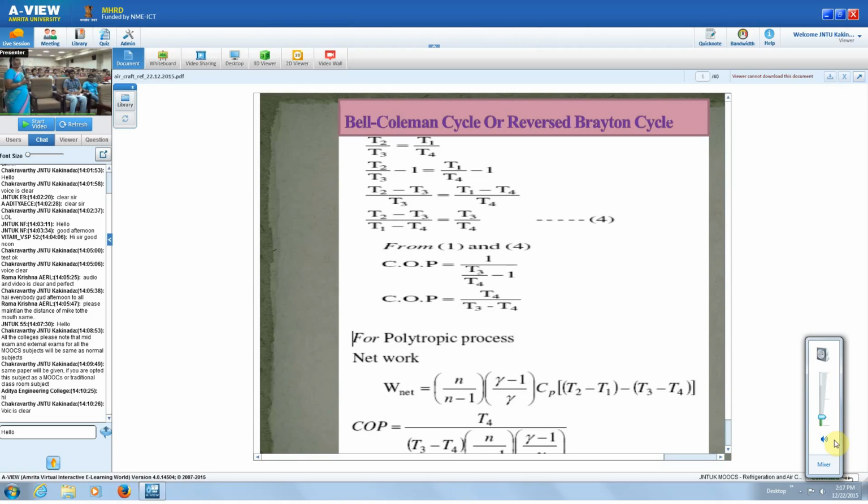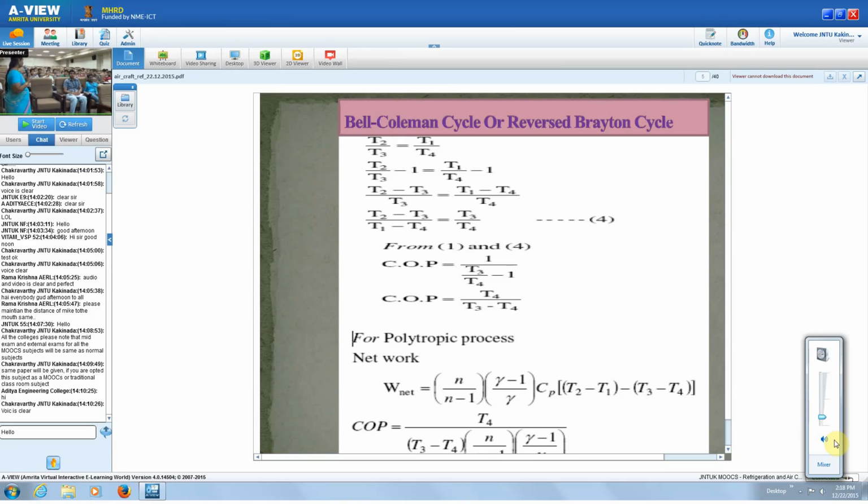So if you substitute this in the COP relation, we get 1 by ((T3 by T4) minus 1). So that is the COP of the reversed Brayton cycle or the Bell-Coleman cycle, which is nothing but T4 by (T3 minus T4). That is the relation when we assume compression and expansion are isentropic and the pressures are also P2 and P1 only.